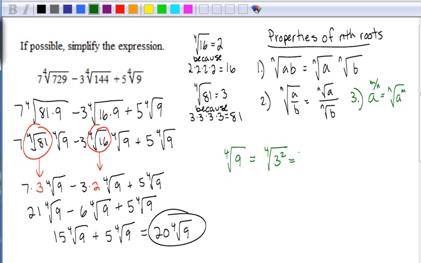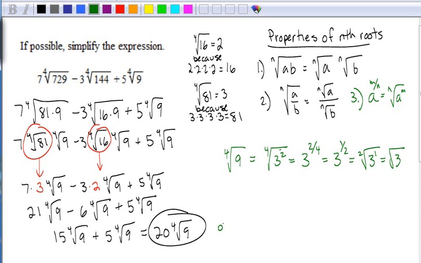So going backwards here, we're going to say that's 3 to the numerator is the 2, and the denominator is the index, which turns out to be 3 to the 1/2. Now going forwards again, that is index 2, the square root of 3 to the 1. But when the index is 2, it's just called square root, and you don't need to write a 1, so it's just square root of 3.